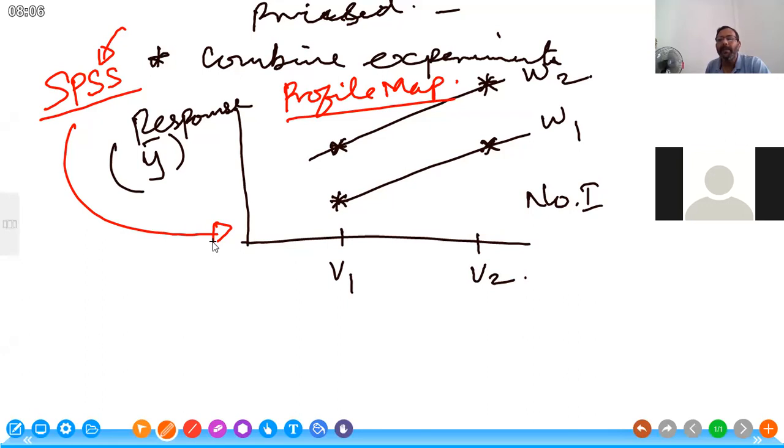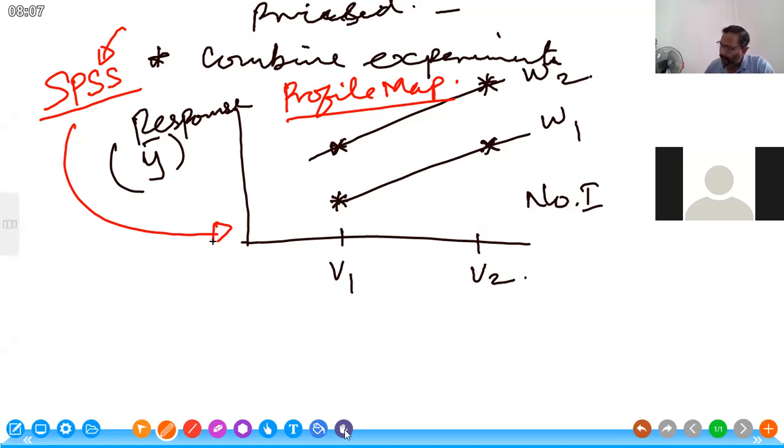But in SAS, you will have to give the commands. SAS is a program where you have to type commands, which are very difficult to remember. It is not easy to handle SAS, but it is more versatile. SPSS is more user friendly, so we can do it very easily. If you want, maybe in the practical class, I will show you if necessary.